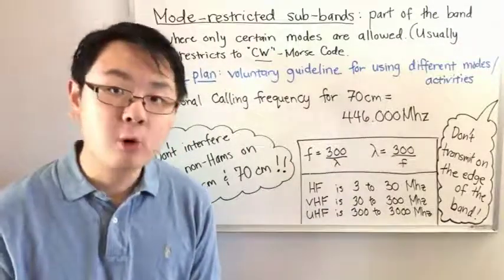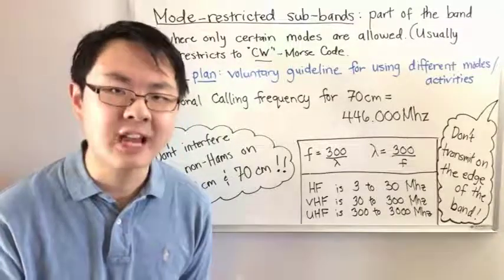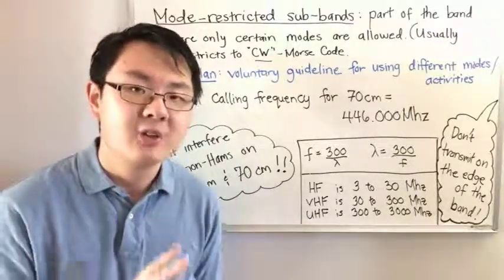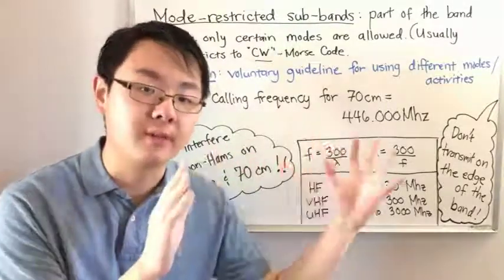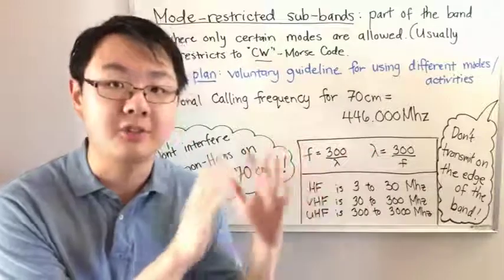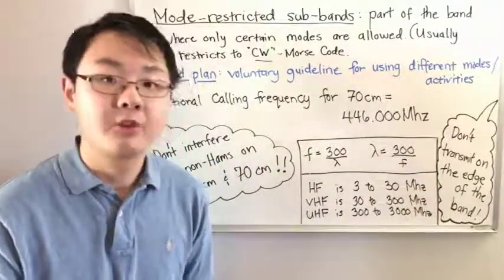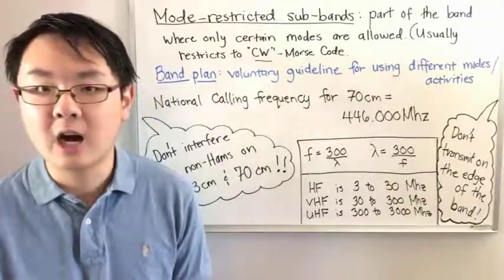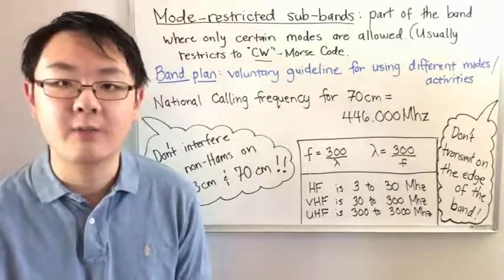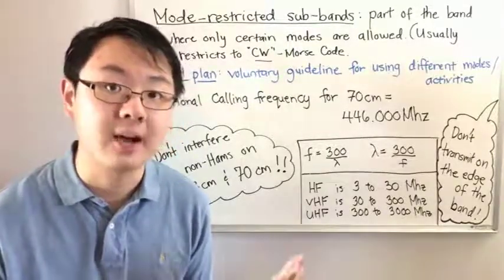Now, the reason that mode-restricted subbands only allow Morse code on them is because Morse code doesn't take up a lot of space on the bands. So it has what we call a narrow bandwidth, meaning the width of its signal on the band is small, it's narrow. Other modes like voice take up a lot of bandwidth. If you think about it, if you transmit the exact sound of your voice, there's actually a lot of information and data that needs to be conveyed over the airwaves in order to accurately transmit that audio and that sound.